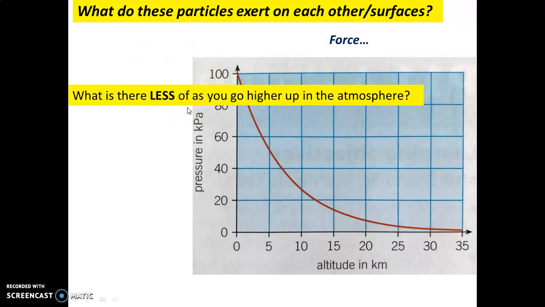As you go higher up in the atmosphere, what do you have less of? Now, hopefully you'll be thinking you've got less oxygen, which remember is a gas molecule, you've got fewer gas molecules. In other words, you have less air, the mixture. Because remember, air is a mixture.